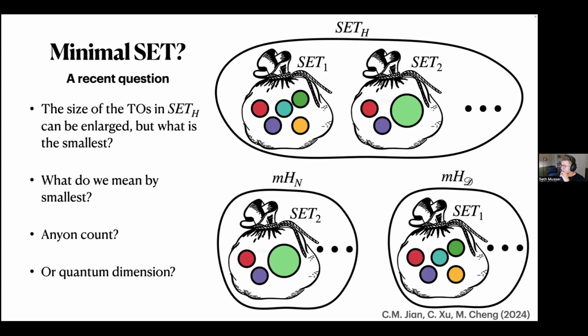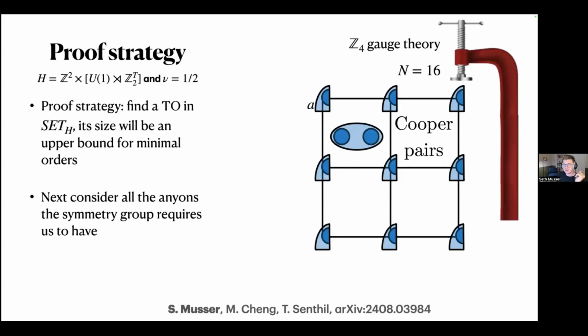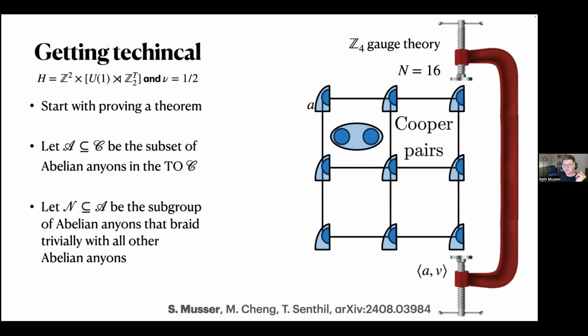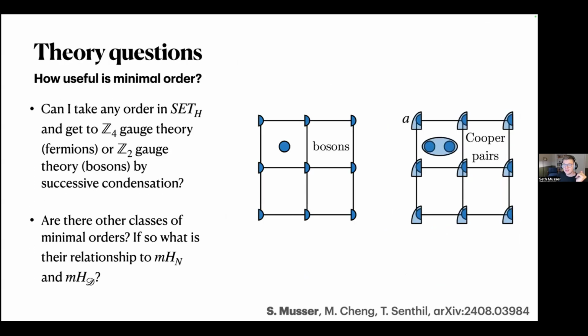Yeah, that's a great question, and I wish I had the answer to it. I think that's related to this theory question I had, which is whether you can flow to the minimal orders.